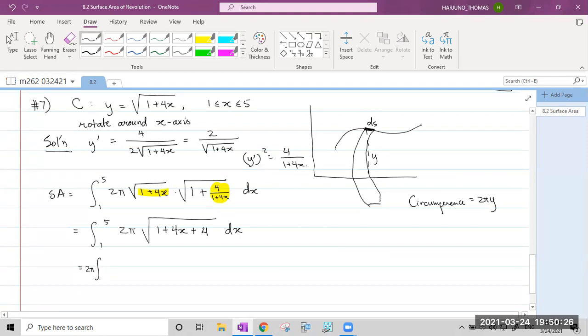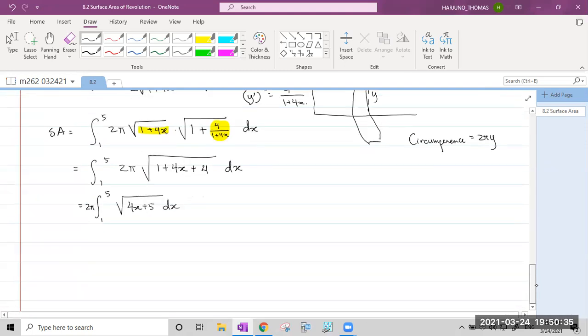And then that equals the integral. I pull out the 2 pi, from 1 to 5 of the square root of 4x plus 5 dx. And then we do u-substitution, of course, every time we see something ugly. So this is 2 pi times the integral from 9 to 25 of u to the power of 1/2 du over 4.